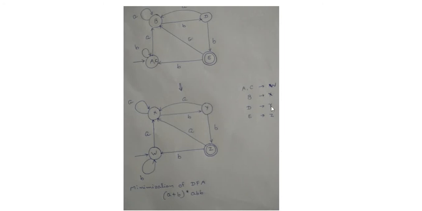So these all are in sequence, so I can change all the state names. It's not compulsory. This one is also your minimization of DFA or minimal DFA. So this is your minimization of DFA.